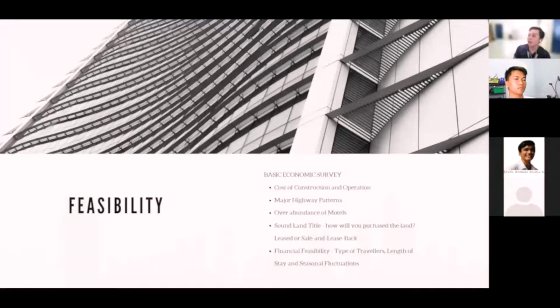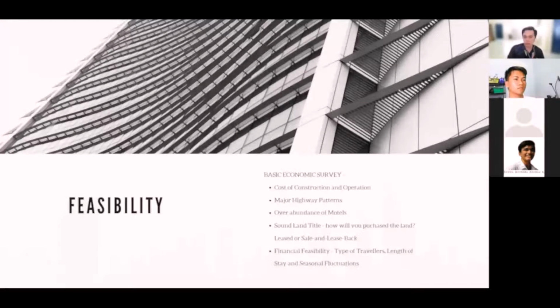So doon na papasok yung magkakaroon ka ng meetings with the different legal bodies like DPWH. DPWH will be reliable for providing you information kung saan, in the Philippine setting, strategically magkakaroon ng future plans for highway construction.